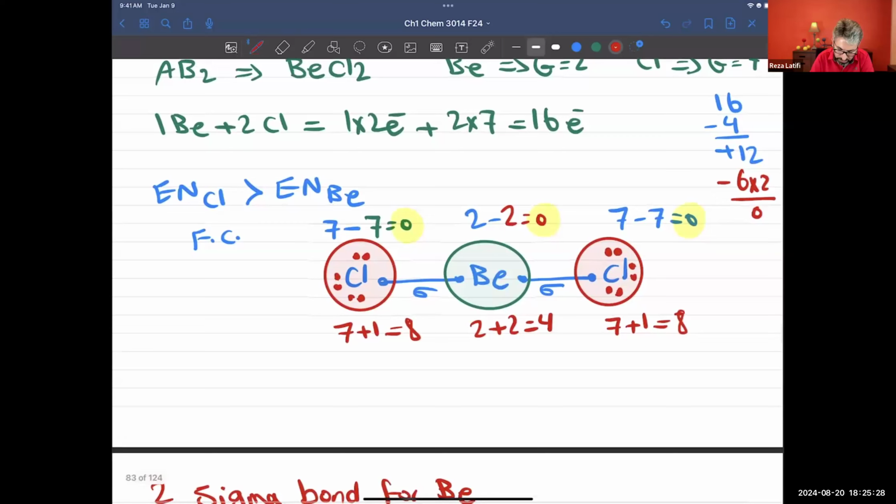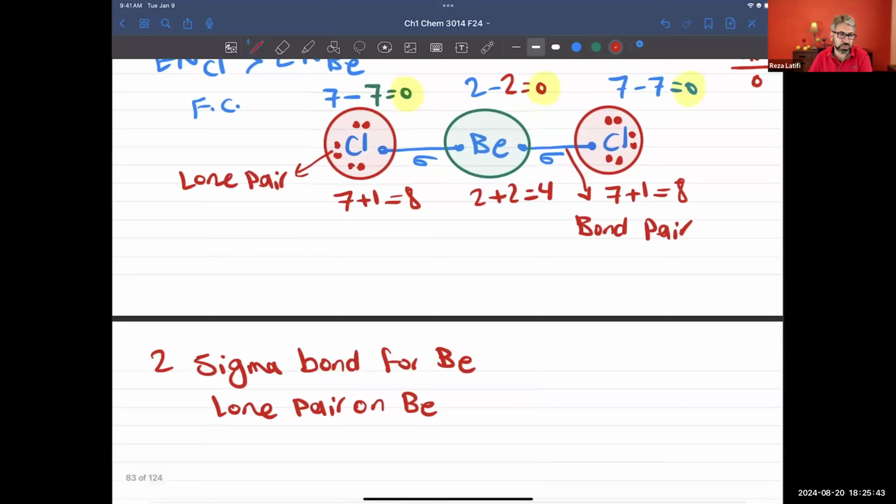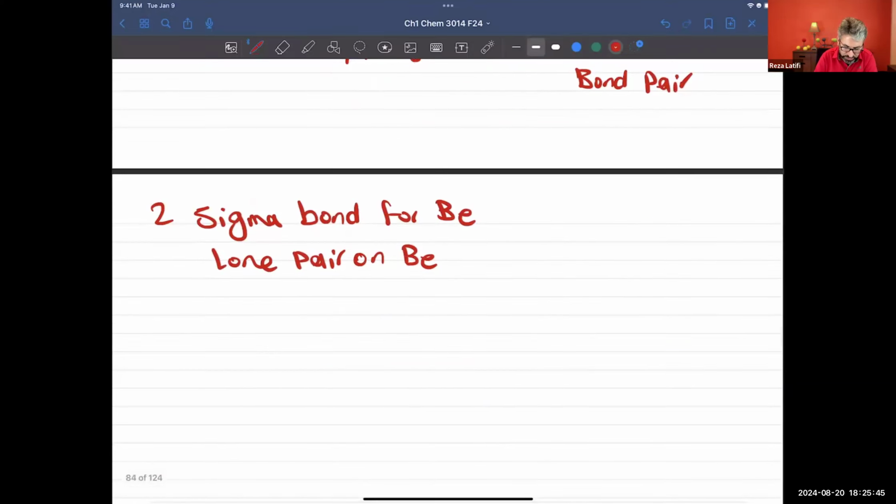And what's a lone pair? Those 2 electrons, we call them lone pair, and the blue one, we call them bond pair. So I don't have any lone pair on beryllium, so I say 0. 2 plus 0, that's going to be 2.